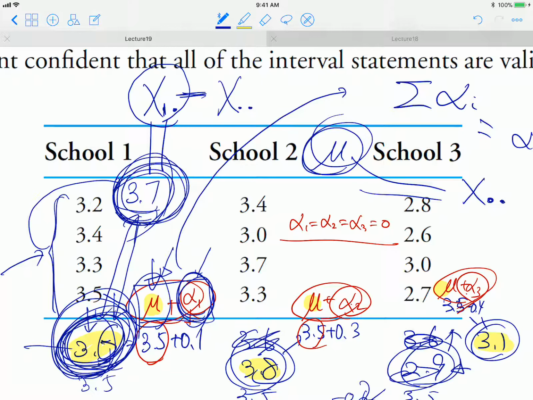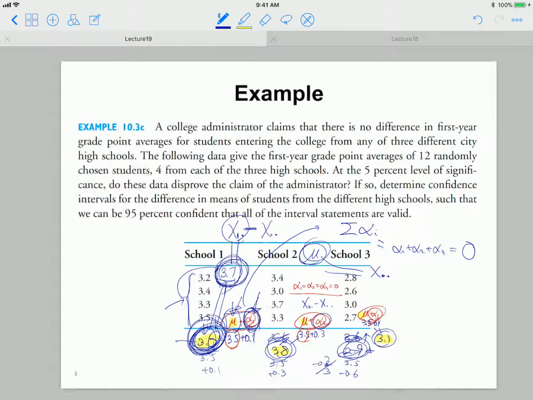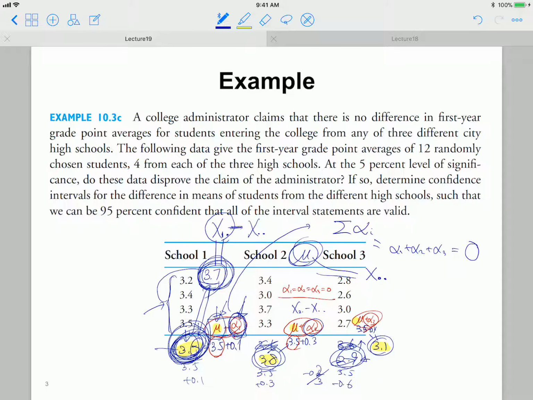So we can use that as an estimator for this alpha 1. And then also we can use this alpha 2 in the same manner, x2 dot minus x dot dot, right? Okay, so that's how we obtain this estimator for alphas, or alpha 1, 2, and 3, and mu, right?